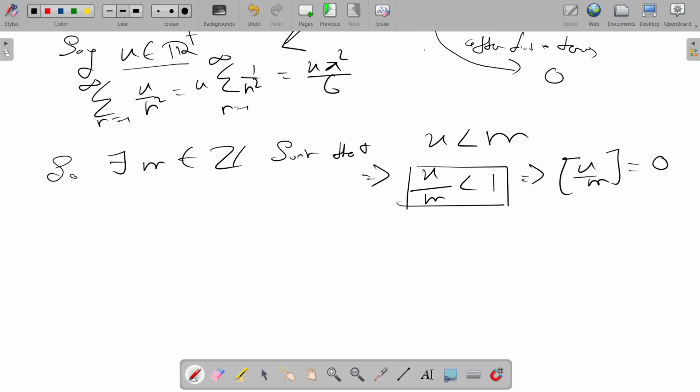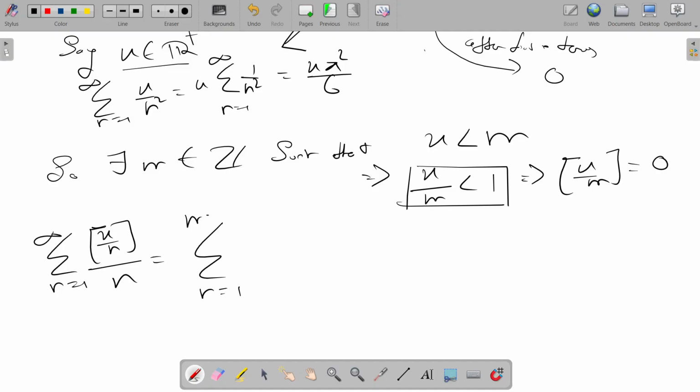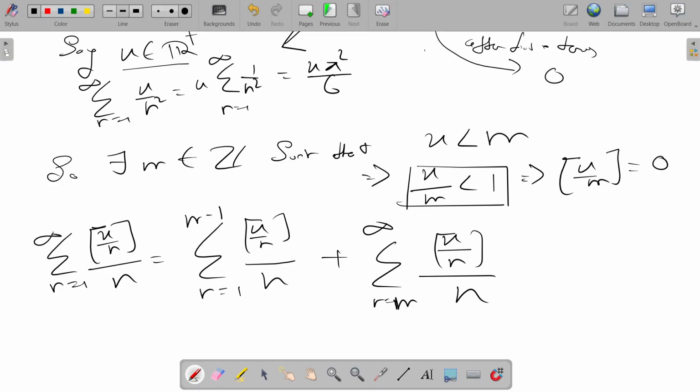So basically our summation here reduces to n equals 1 to m minus 1 of x by n, by n, plus the sum from n equals m to infinity of box of x by n, by n.